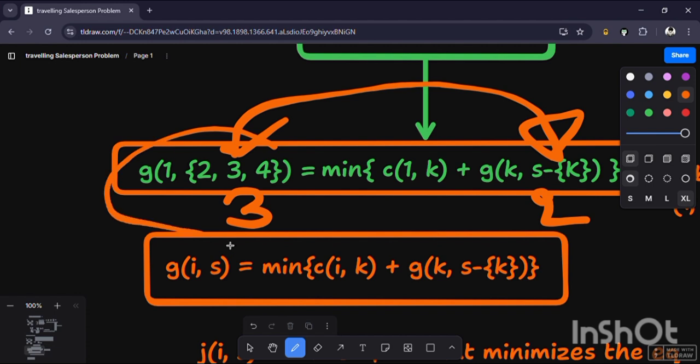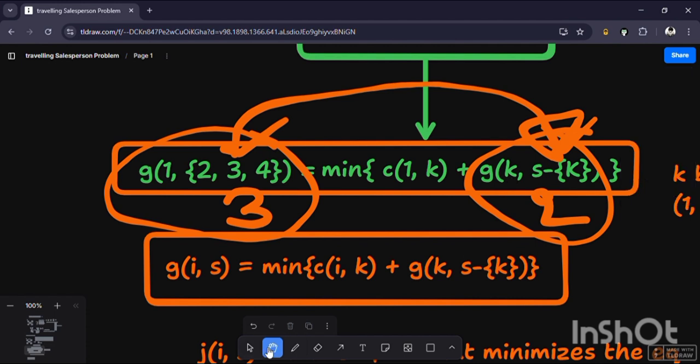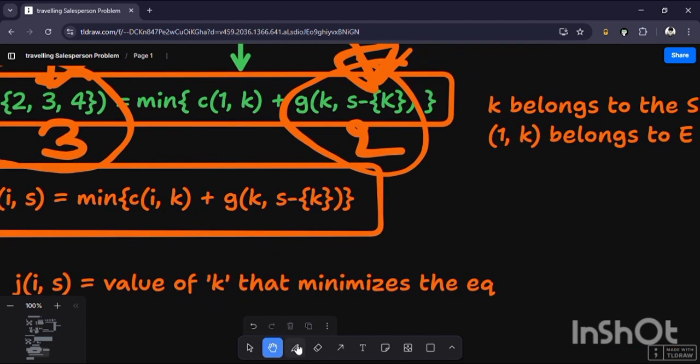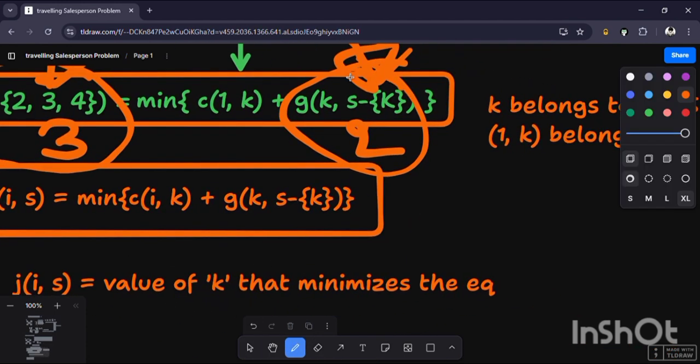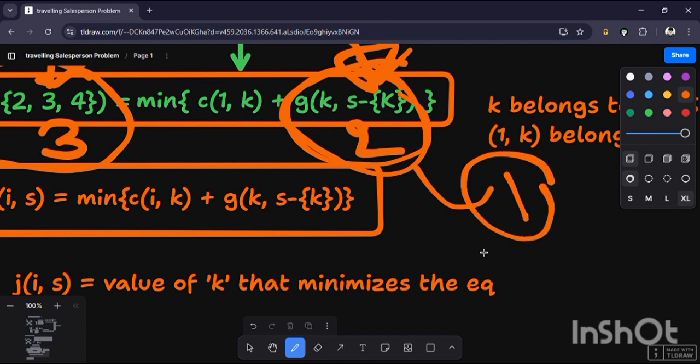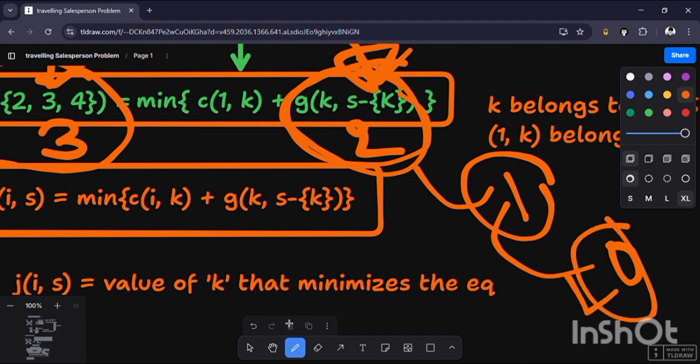So my answer depends on this answer whose S size is 2, and again this function will depend on the S of size 1, and that again will depend on size 0, that is phi. That is the base condition, right?